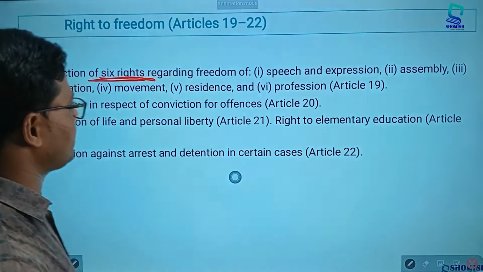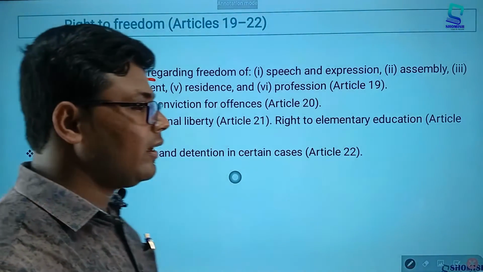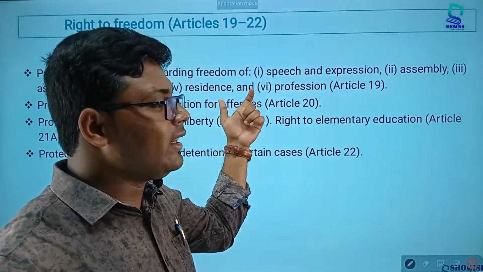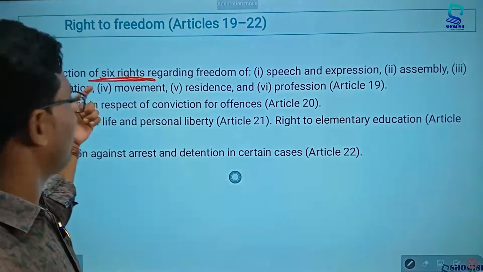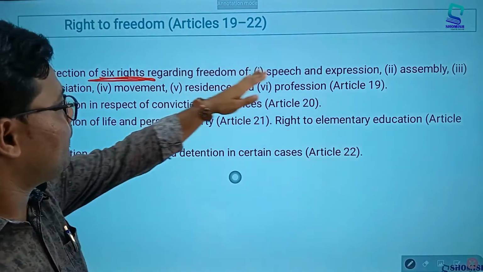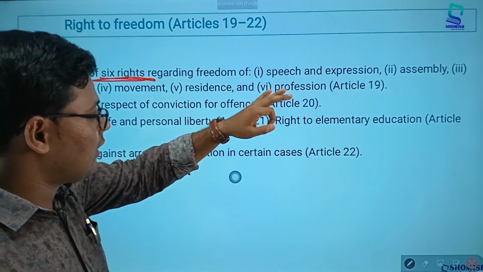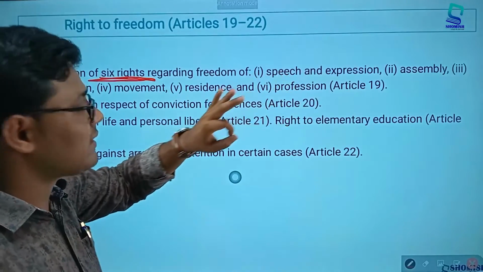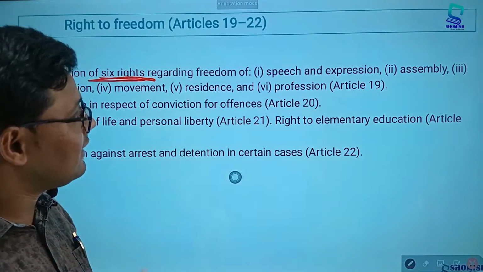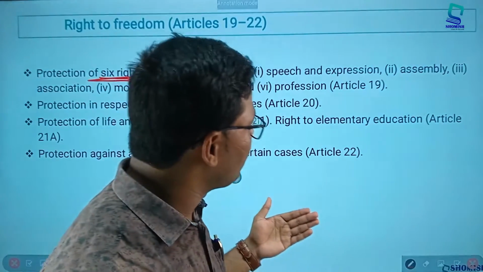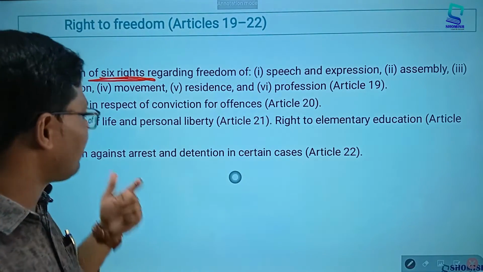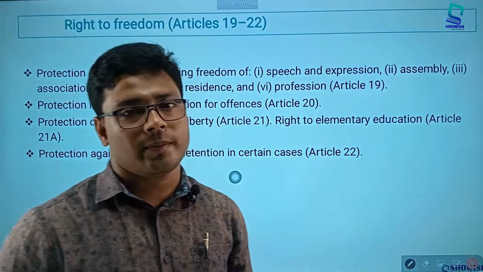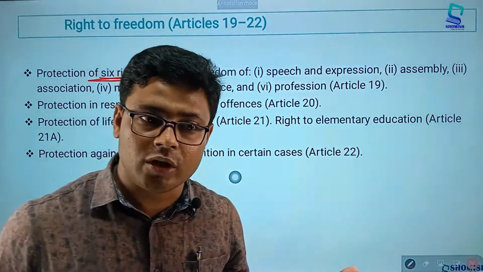Basically, this comes under Article 19(1), which coincides with 6 forms of freedoms: speech and expression, freedom of assembly, freedom of association, freedom of movement, freedom of residence, and freedom of profession.